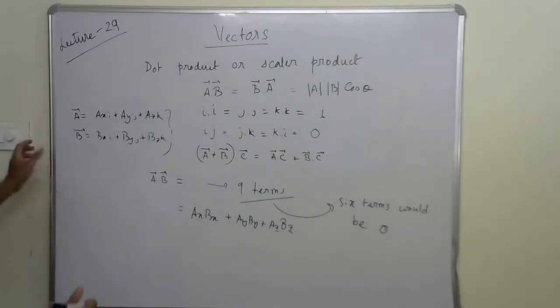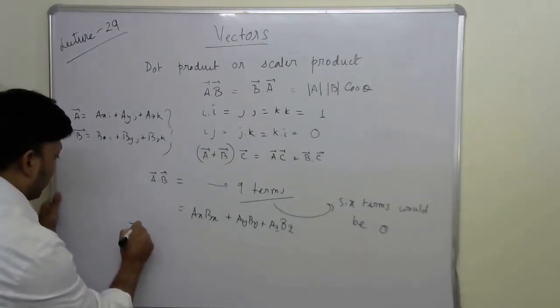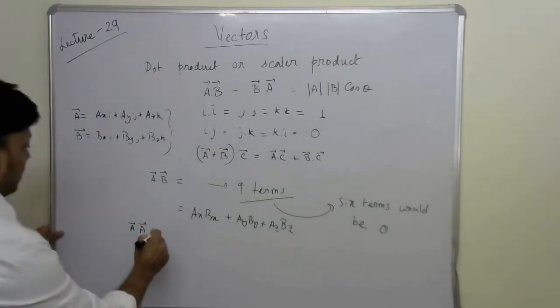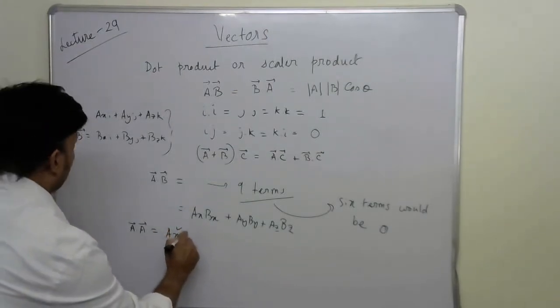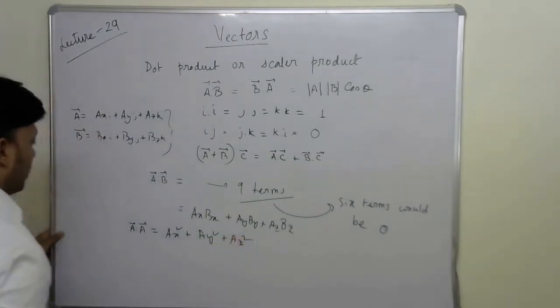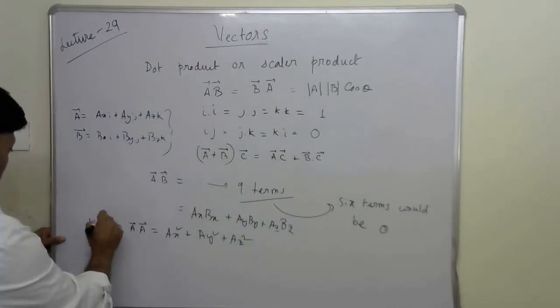Now this also tells me that if I do A dot A, then what we have is basically Ax squared plus Ay squared plus Az squared. And A dot A we can also take as the mod of A squared.